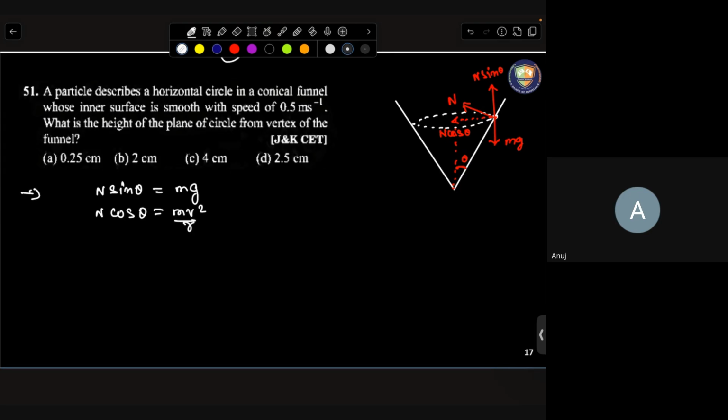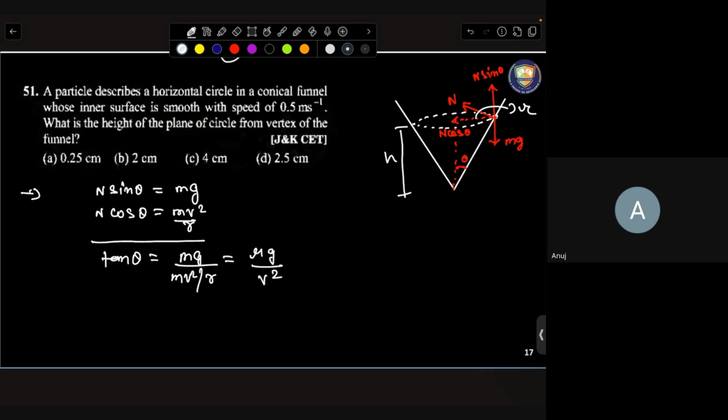Okay, now we can divide the two. What we are getting is tan theta is equal to mg by mv square by r, which is nothing but rg by v square, correct? But we want the height and we don't know the height. So let's say this is r and this is the height.